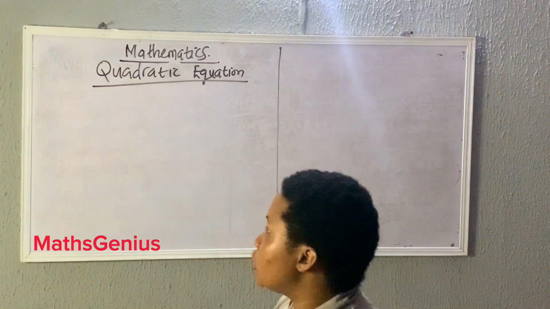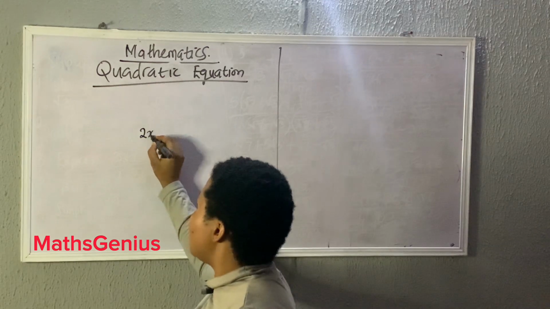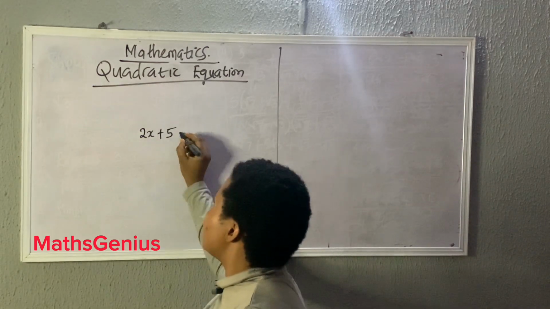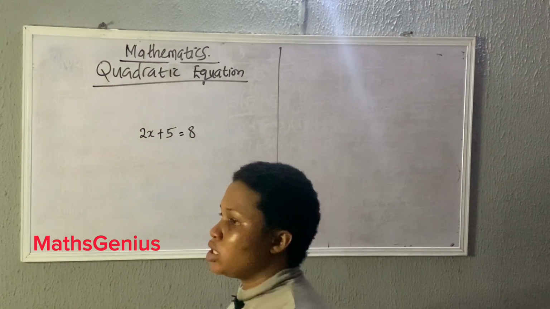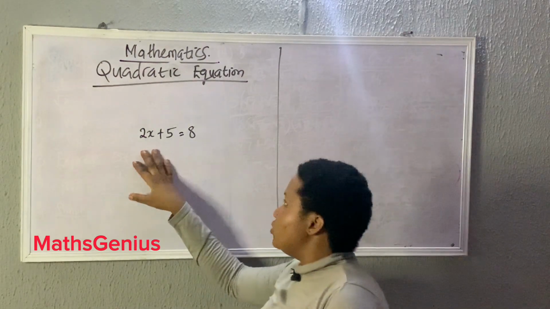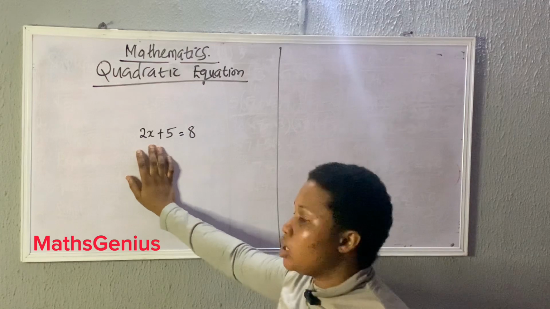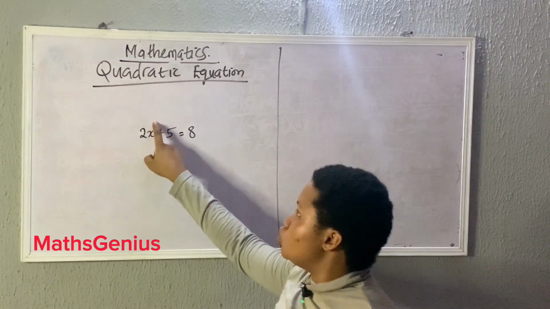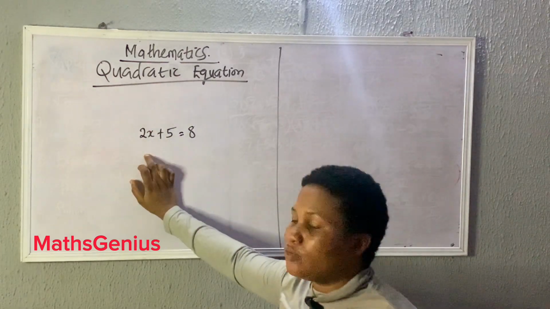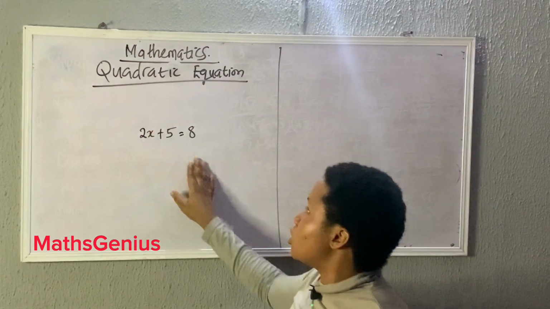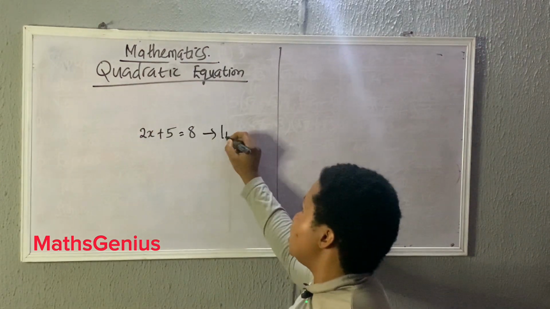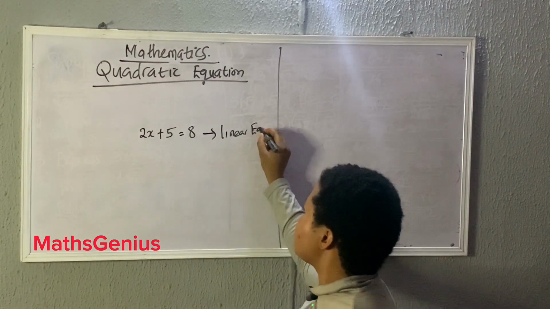When we say linear equation, for example, we have 2x plus 5 equals 8. This is an example of linear equation. Why is it called linear equation? Because the power of the unknown is 1. When the power of the unknown is 1, it becomes what? Linear equation.